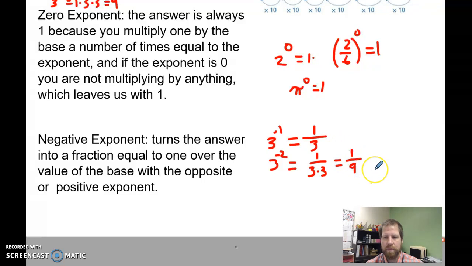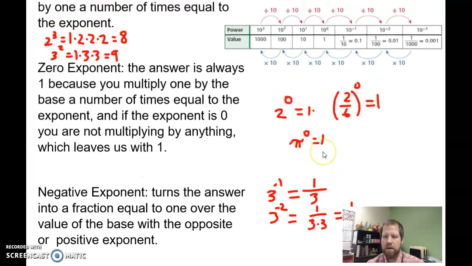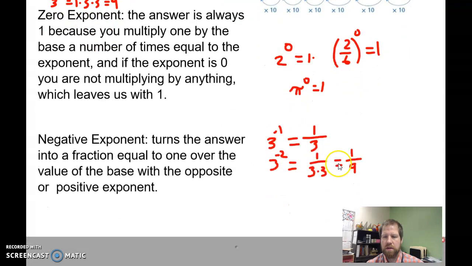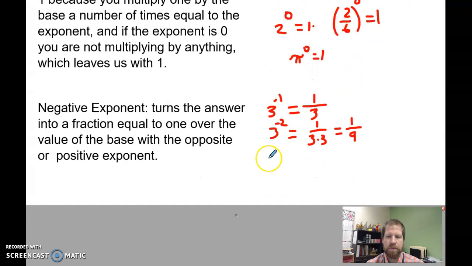The trick to doing this that can help some people is, say I had 5 to the negative third. Instead of writing it out like this, you can always just say my negative becomes my fraction, and I've still got 5 to the third underneath it.